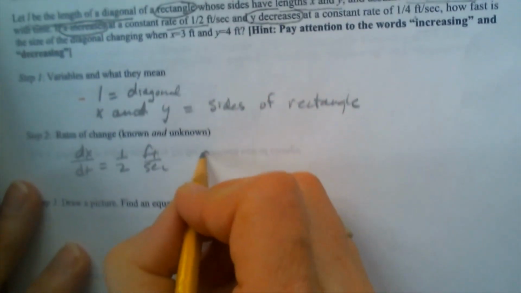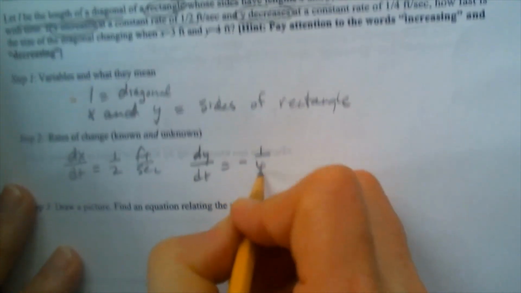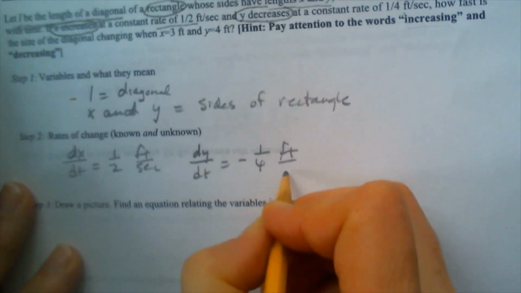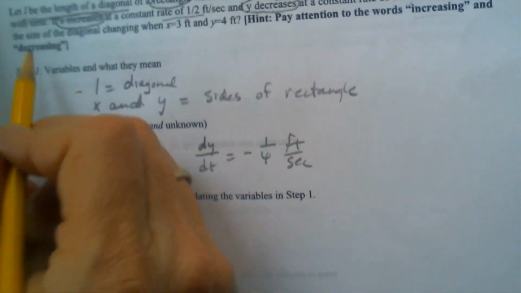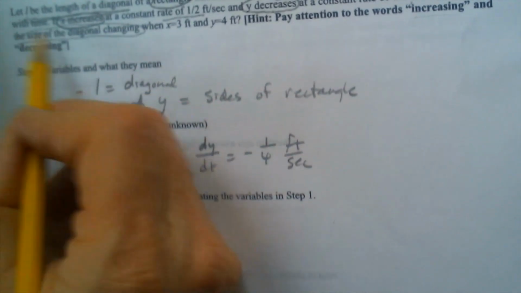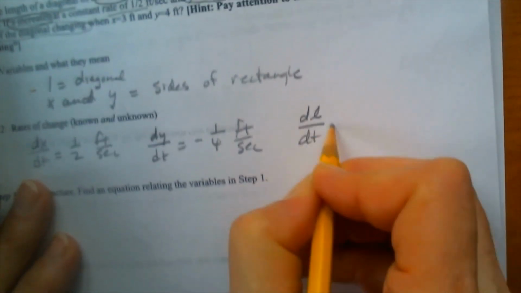Y is decreasing, so we have a dy dt is equal to negative 1/4 foot per second. And they're asking how fast is the size of the diagonal changing. So they're asking for dL dt. We don't know that. That's what we're going to solve for.